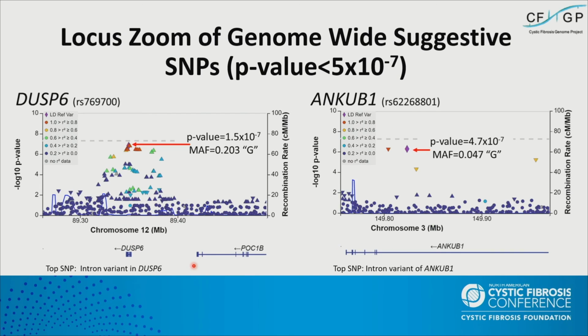For the two genes with suggestive p-values, we have these two. DUSP6 had a p-value of 1.5 times 10 to the -7, with a minor allele frequency of 20%. So that's a pretty common genetic variant. This gene is called dual specificity phosphatase.